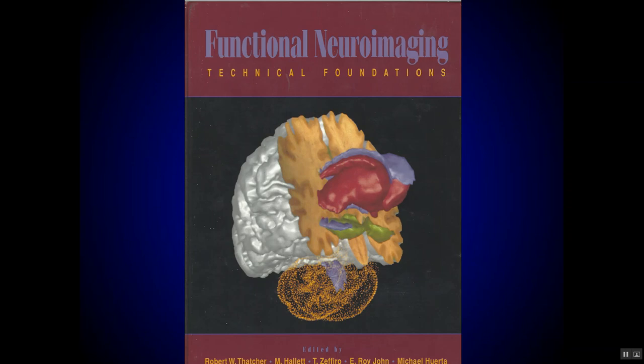This is still available in used form, but what we're going to be going through today is sort of a culmination of the distributed inverse solution of identifying the sources of the EEG by measuring the electrical potentials at the scalp surface and using physics to identify the sources of the EEG that are in 3 dimensions inside the skull, in the interior of the skull.